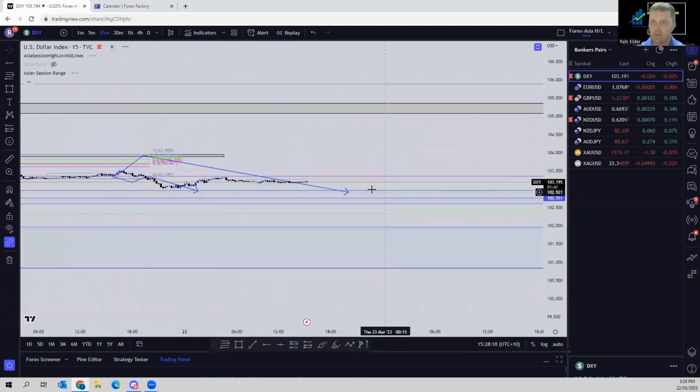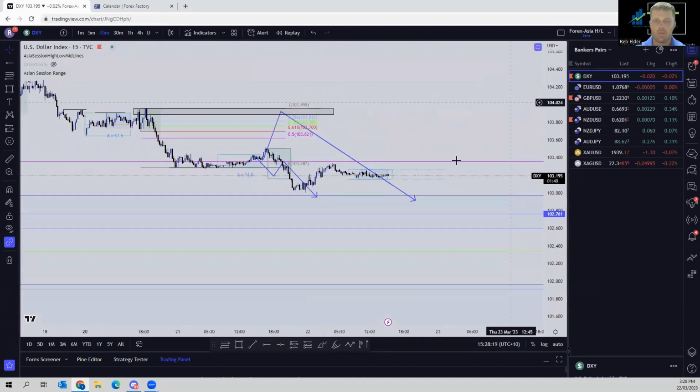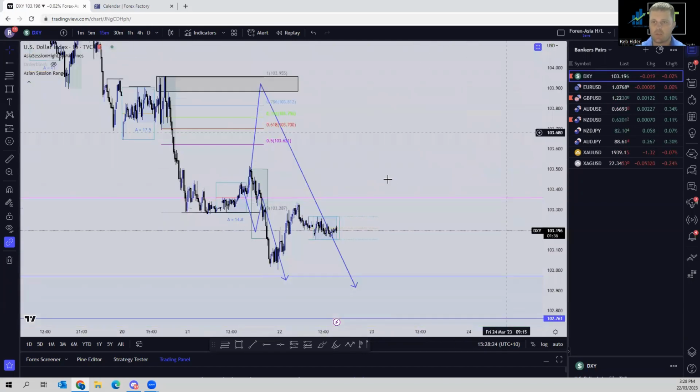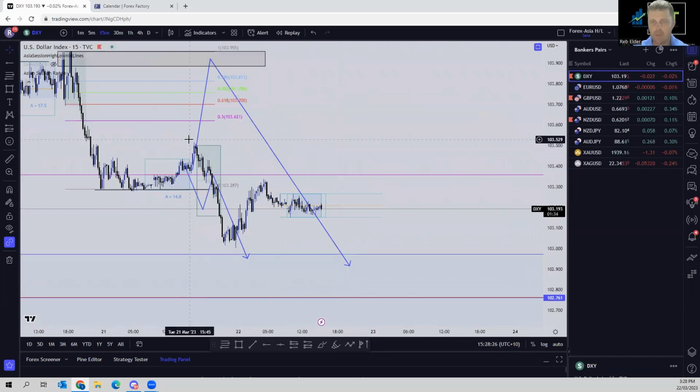So jump down to the 15-minute, obviously bearish 4-hour, bearish 15-minute. We're looking for 15-minute trades here. So basically, yesterday we can see in yesterday's price action that we were looking for a break and retest, which we obviously didn't get, or we're looking for some impulse higher up into a higher range before coming lower.